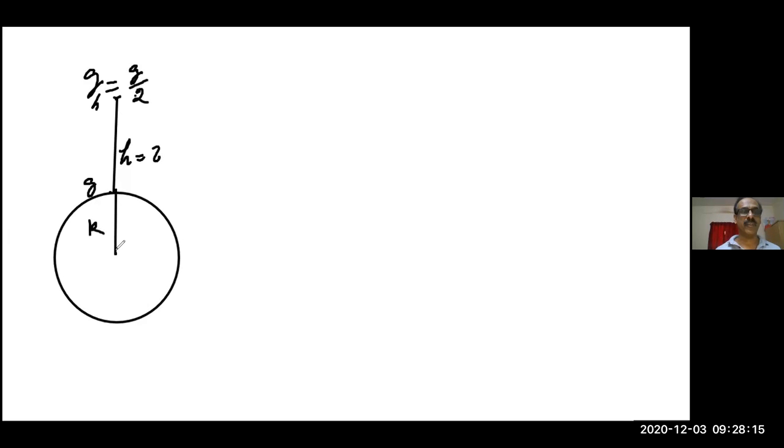That means on the surface of the Earth at a radius R, G value is G itself. At a height h, it becomes G by 2. What height? Can you try?